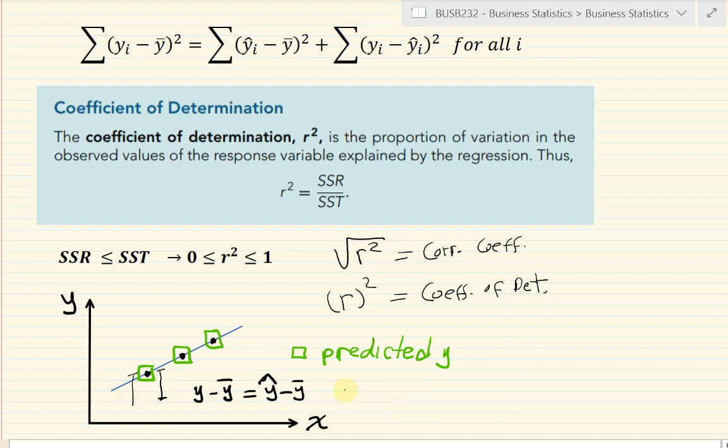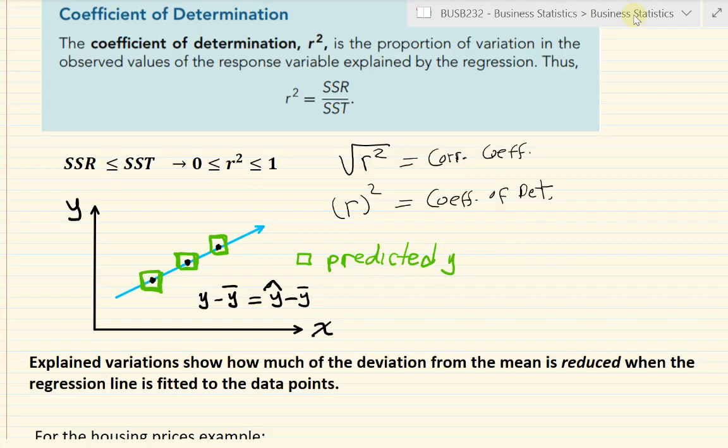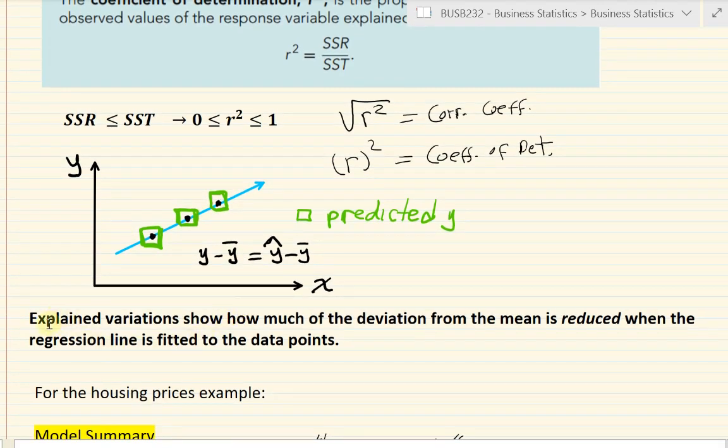Oops, I didn't want to do that again. Let me put that line back on there. Okay, I put the line back on there. So anyway, that's what R squared of 1 means. Remember, explained variation shows how much of the deviation from the mean is reduced when the regression line is fitted to the data points. That's what we mean by explained variation.